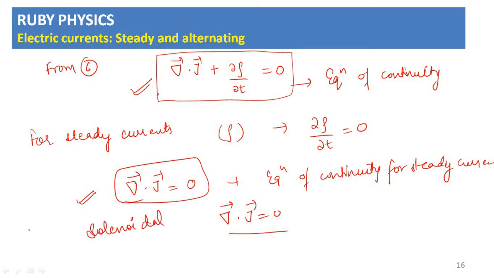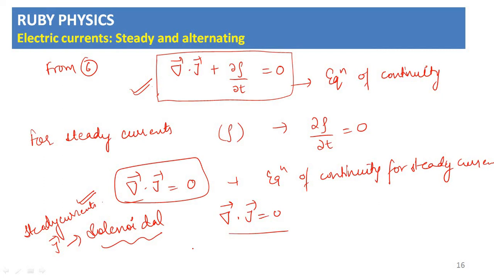For steady currents, the current density J will be solenoidal. That means that the lines of the current density J form a pattern of closed curves, and they cannot start or stop at any point in the conducting medium where this current exists.